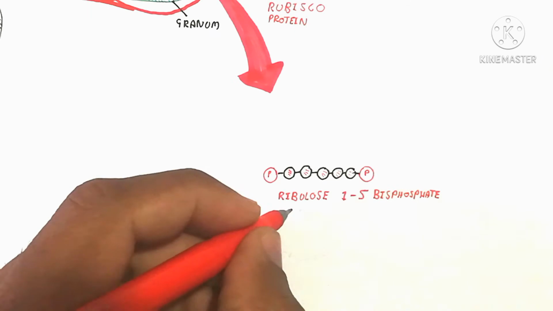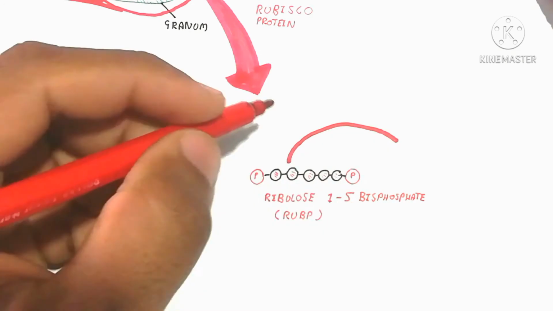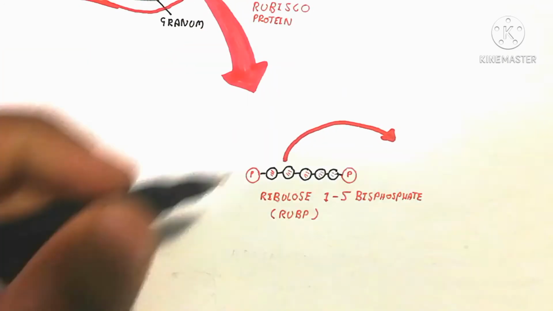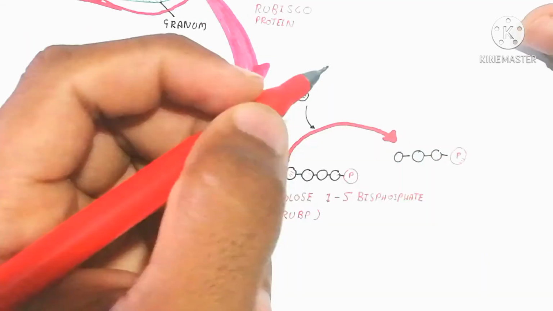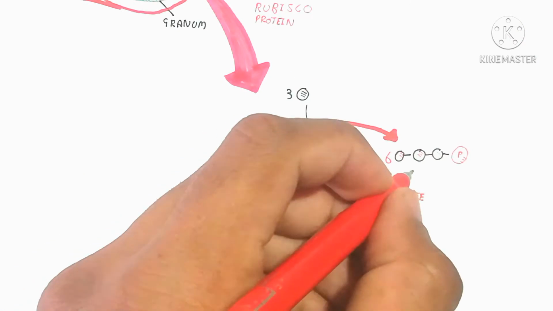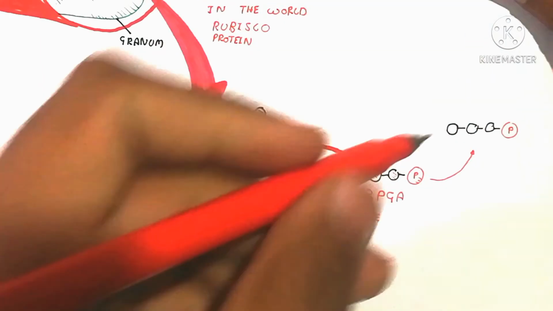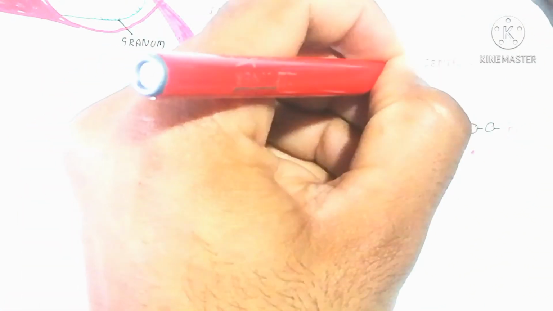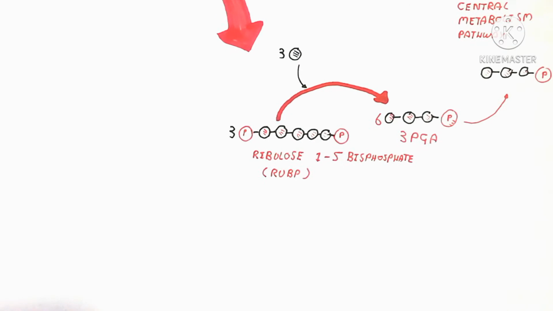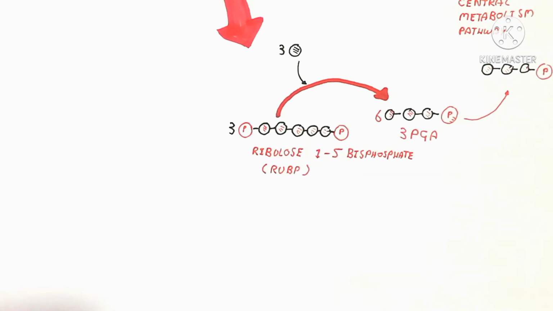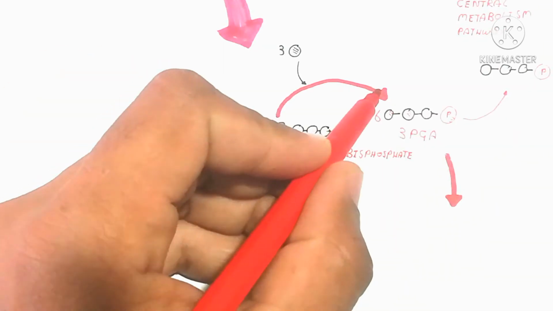So here I am drawing the ribulose 1,5-bisphosphate, also known as RuBP. The Rubisco enzyme fixes the carbon dioxide in the carbon fixation phase, and in this way the 3 ribulose 1,5-bisphosphate converts into 6 molecules of 3-phosphoglycerate, because carbon number 3 contains a phosphate group, and this 3-PGA is a central metabolic pathway intermediate.